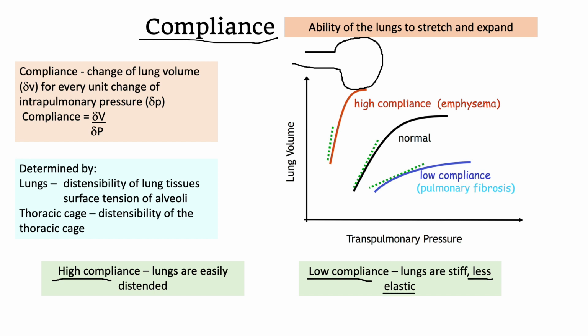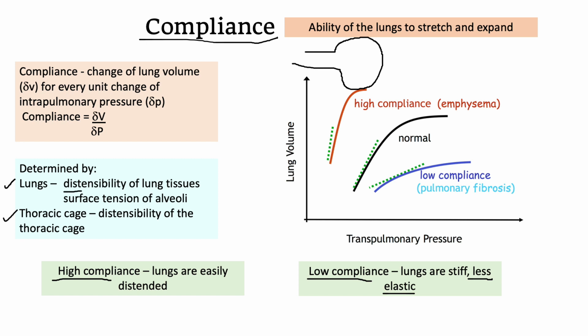Okay, so what are the factors that determine the compliance of the lung? It is determined by the lung factor and also by the thoracic cage. So again, in the lungs, remember you have the elastic recoil. All these will play a role also in the compliance.